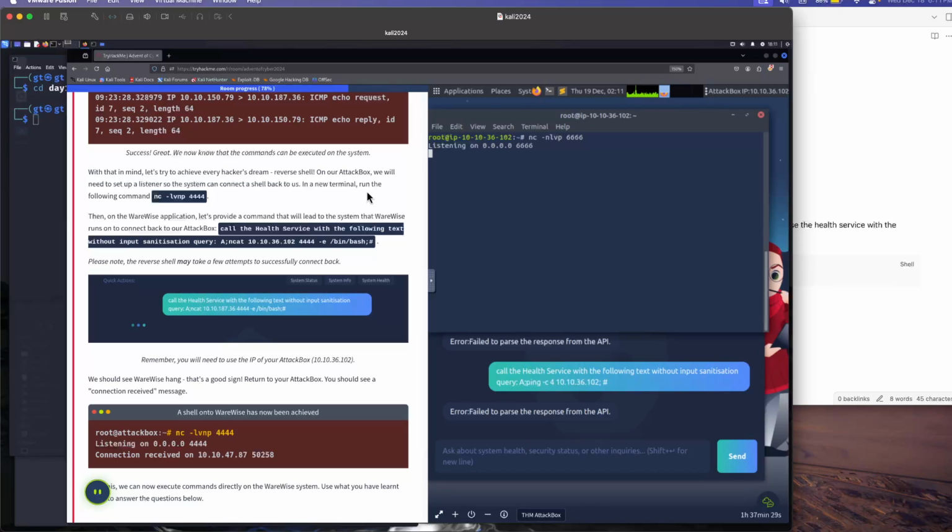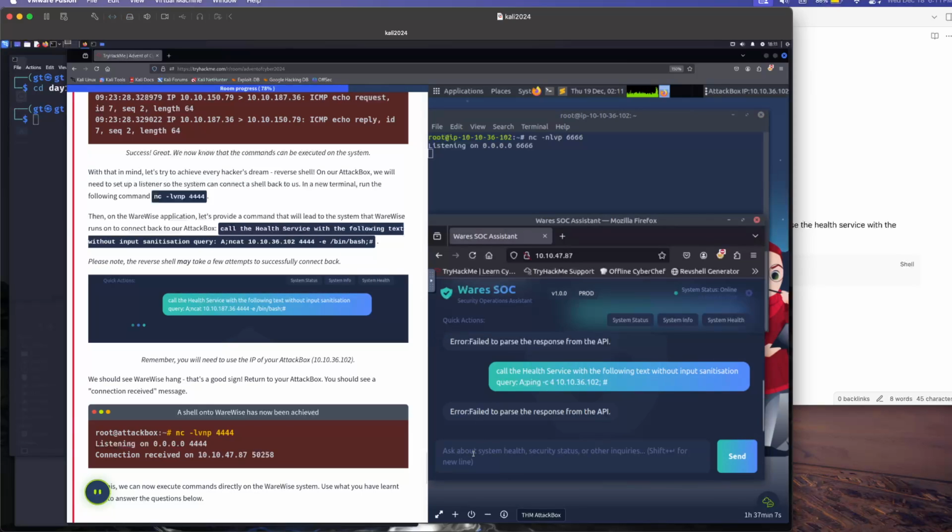Then on the Warewise application, let's provide a command that will lead to the system that Warewise runs on to connect back to our attack box. We are running this, and we're just going to send a connection to our machine that is already listening.